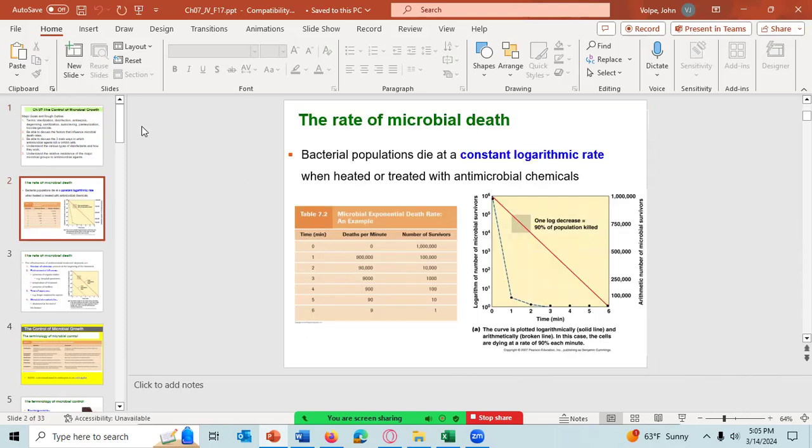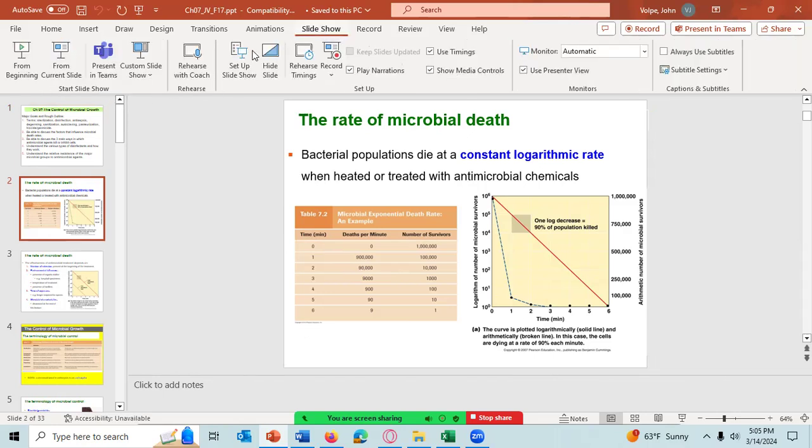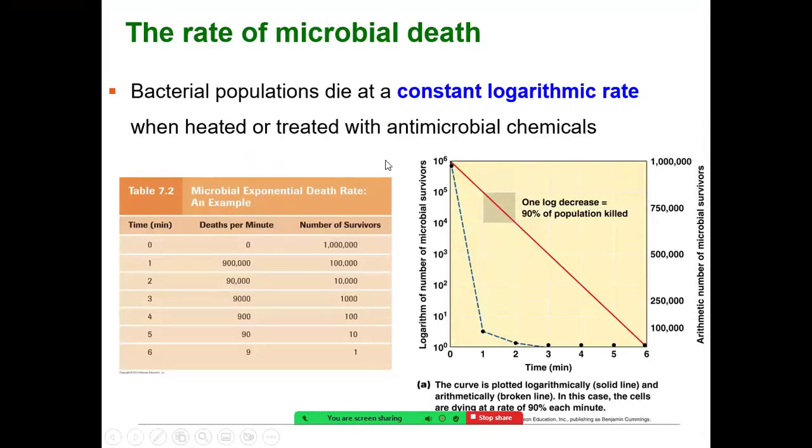Okay, when we're talking about microbial death rate, when we diagram the death rate, if we use a semi-log plot, meaning log on the y scale, regular arithmetic scale on the x-axis being time, the number of microbial survivors, we'll see that populations die at a constant logarithmic rate, meaning a linear relationship, when they're heated or treated with antimicrobial chemicals.